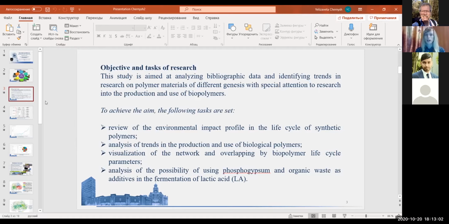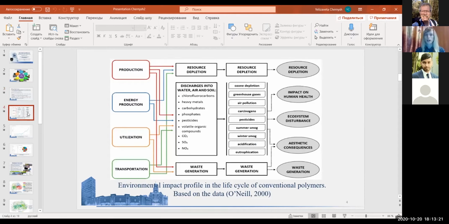We have several areas of tasks you can see on the slides, and it should be noted it's very important to analyze the impact of synthetic polymers, and this impact can be of different types, connected with pollution and ecosystem domains and, of course, impact on our health.